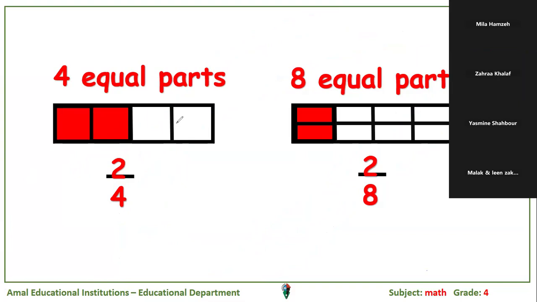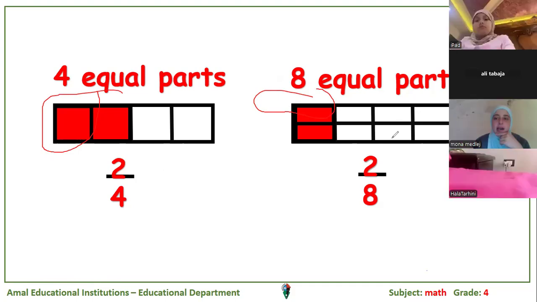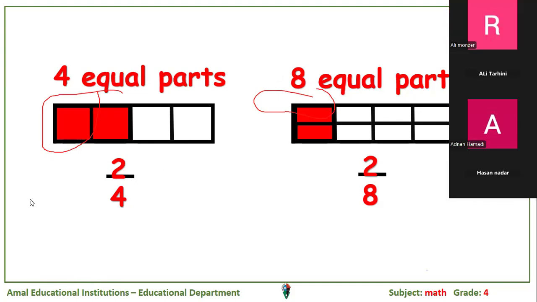Do you understand? Look at the size here. If we divide into 4 equal parts, the size is bigger than if we divide into 8 equal parts. Look at the examples below.